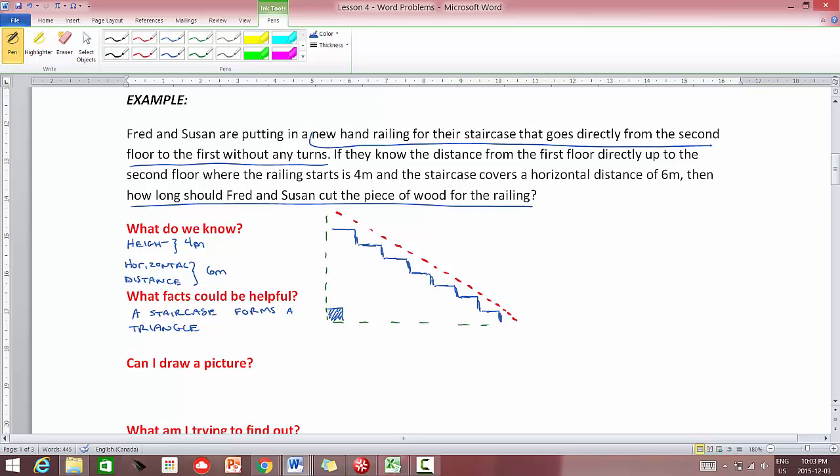So we know that the height is 4 meters. We know that the horizontal distance is 6 meters. But we don't know how big this is. And we know that directly across from that 90 degrees, it's our C value. So we can definitely draw a picture.